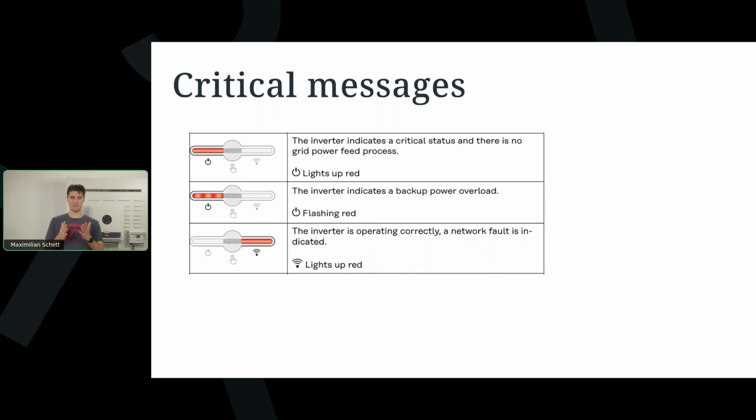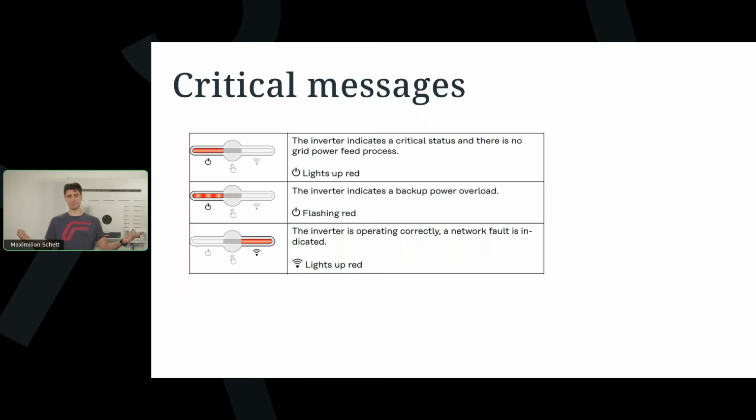If that happens, this backup power overload, then you will see the red light flashing. So basically not an error, you could call it a situational error. And on the right-hand side, if the light is red, then as I said, a network fault is indicated, but the inverter is operating correctly.